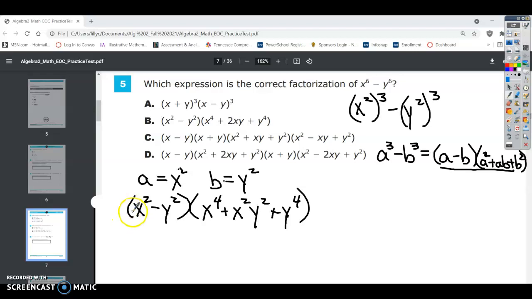And likewise, this is still a difference of squares. So I've got a perfect square minus a perfect square. So remember that formula. Let's use a's and b's so we don't get it mixed up as well. All right, so we've got a squared minus b squared, and that equals a plus b and a minus b.